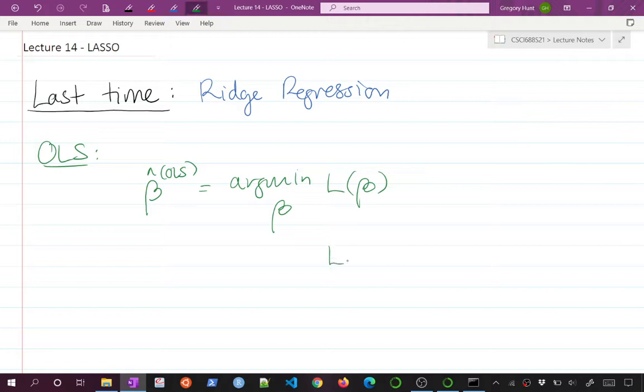Here, L of beta is our simple sum of square differences, which we can very simply write as L of beta is the norm of y minus x beta, squared.